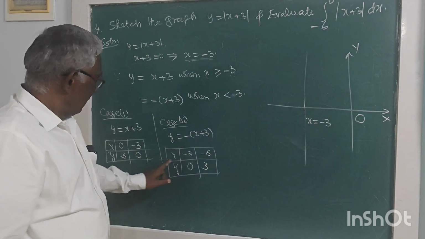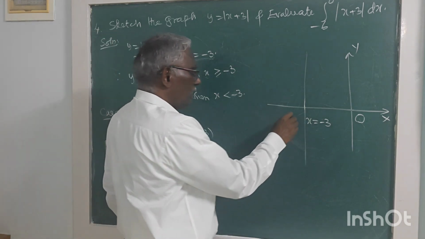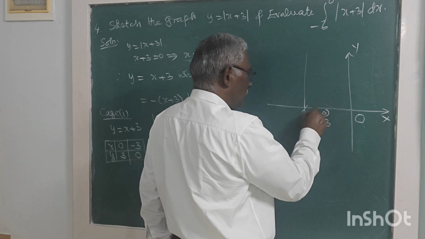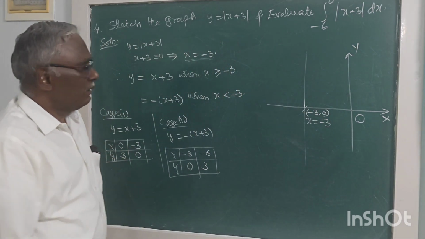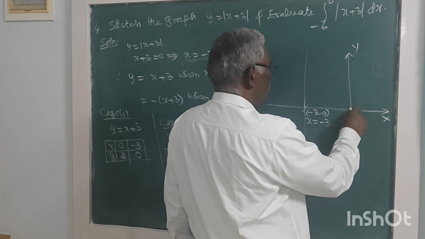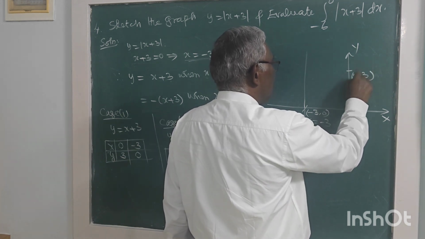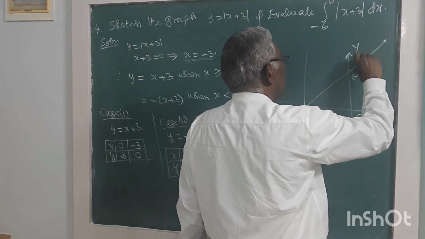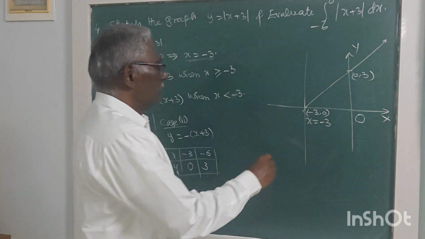So x is minus 3, y is 0. So this point is minus 3, 0. x is 0, y is 3. So 0, 3 is this point. On joining these two, you will get the line whose equation is y is x plus 3.